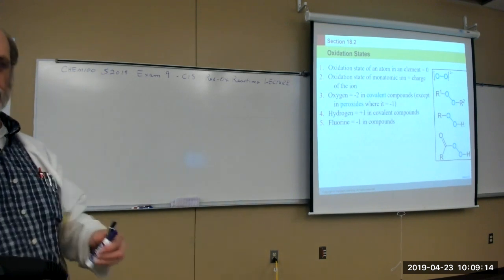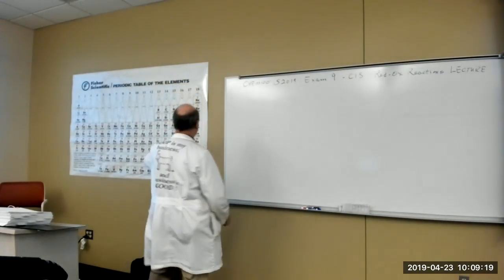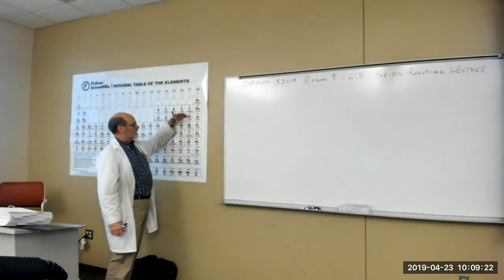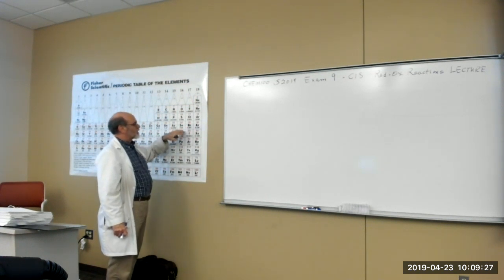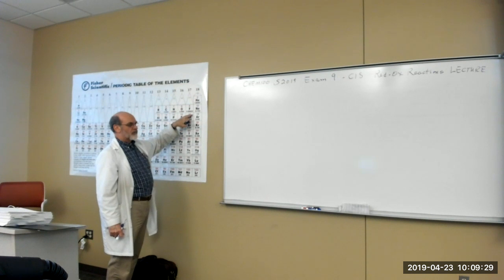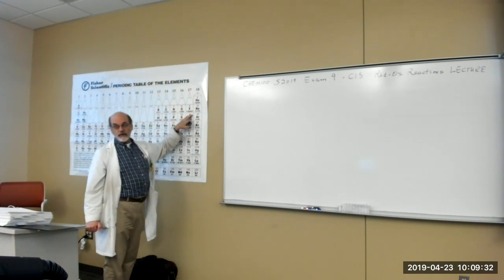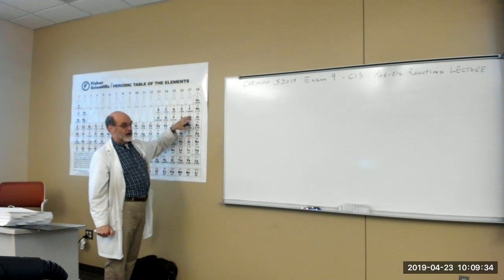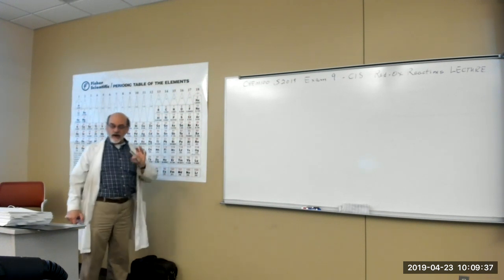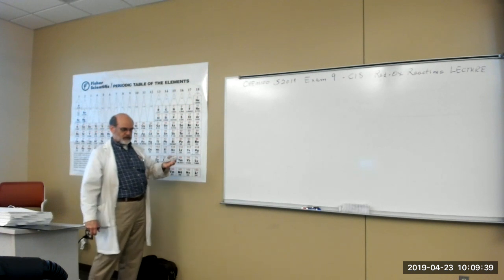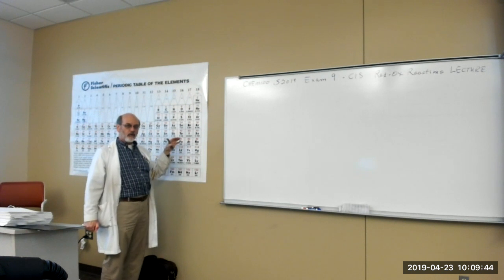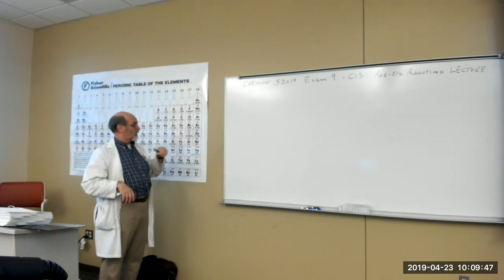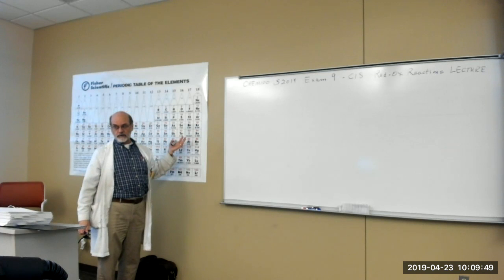Let me flip this around a second. The halogens tend to be -1. But as you move down the family, you can have variations. -1 might be their first choice, but in some compounds, they could be other than -1. If they're part of an ionic compound, generally speaking, they are -1. But if they happen to be bound in a covalent compound where they're sharing electrons, they can be other than -1.